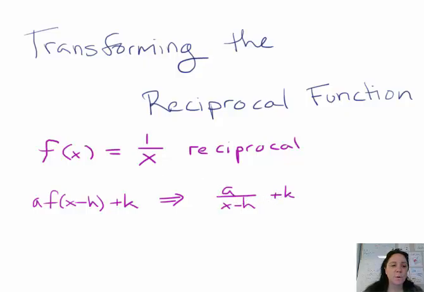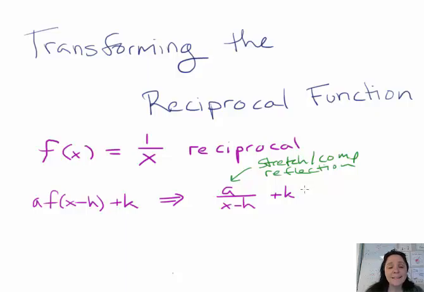And let's remember what all of these things mean. A here is going to be our stretch or compression, but also the sign of a is going to give us our reflection over the x-axis. In this class, we have not worked with reflections over the y-axis, so I'm just going to leave that there.